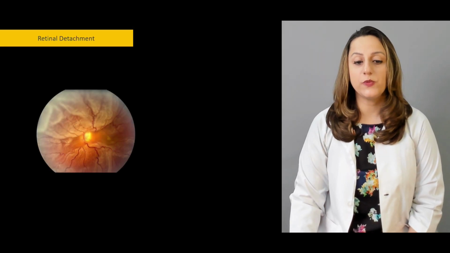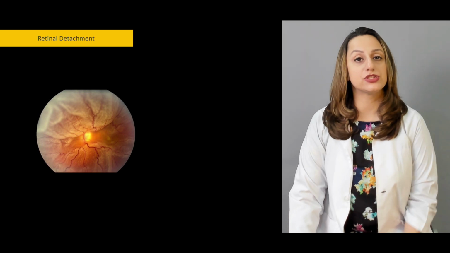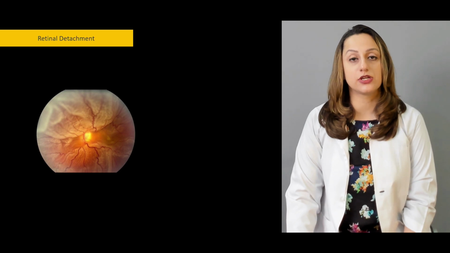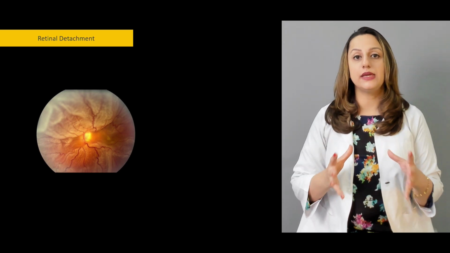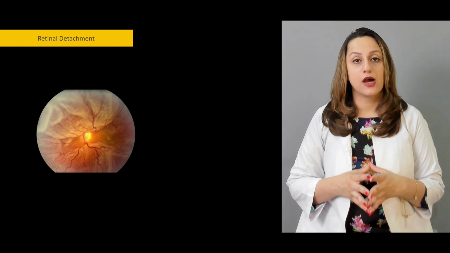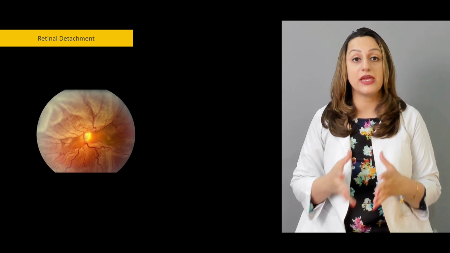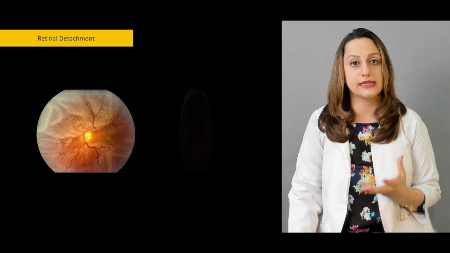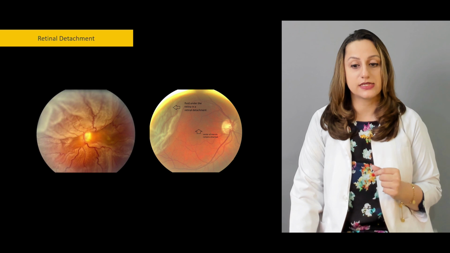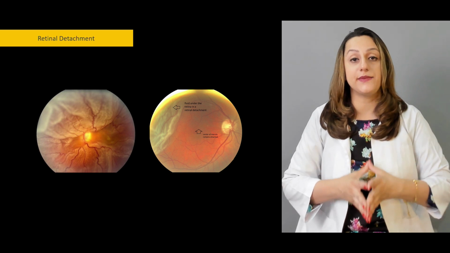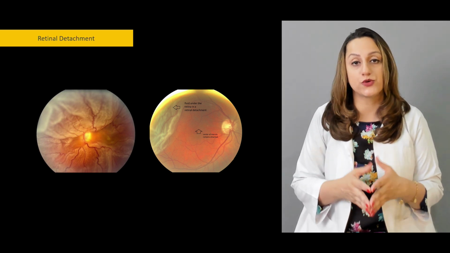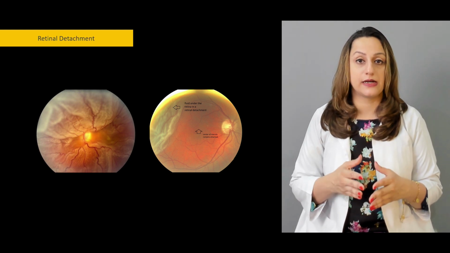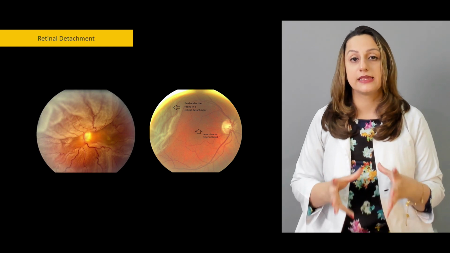So when we examine any patient who is suffering from retinal detachment, or we are suspicious that this patient can be put into the classification where the differential diagnosis may relate to retinal detachment, we look for the signs and symptoms. As the name indicates, it's the collection of fluid under the retina that is very important.